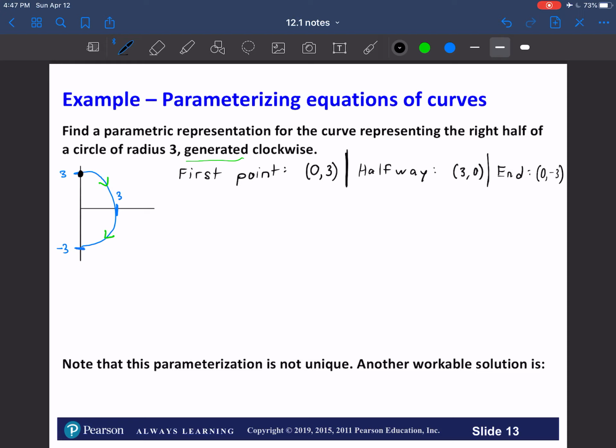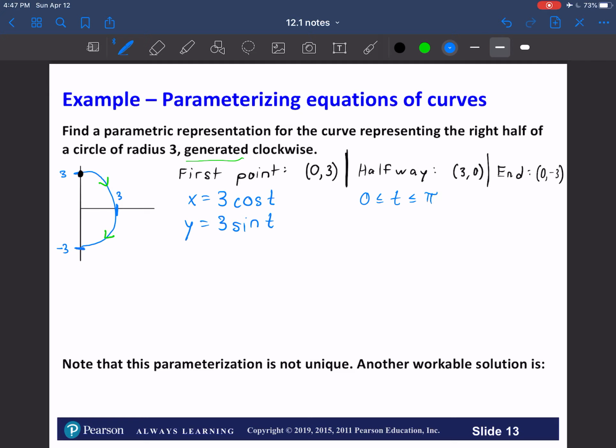Let's start with what we had in the first circle example. So we had x equals 3 cosine t and y equals 3 sine t. And let's just change our bounds for t and see what happens. Our first guess might be, let's try 0 to pi.